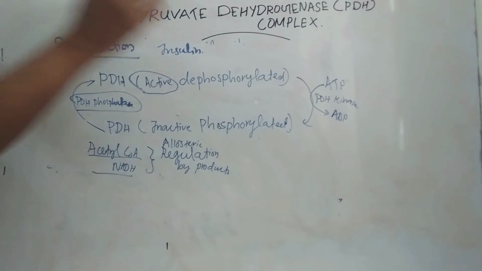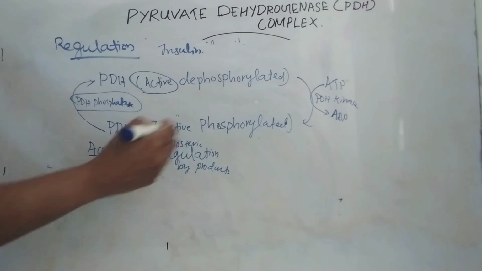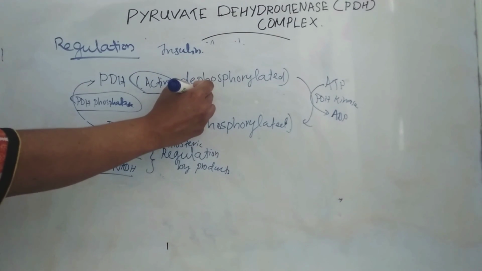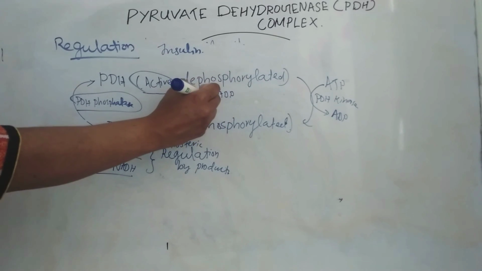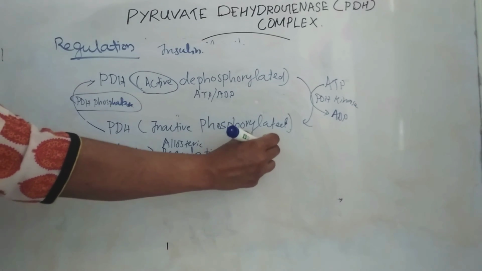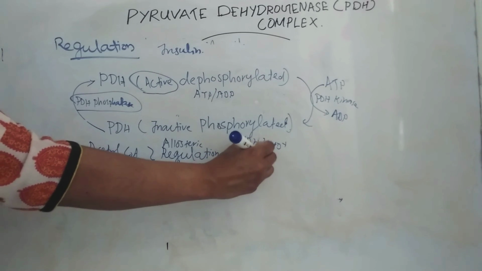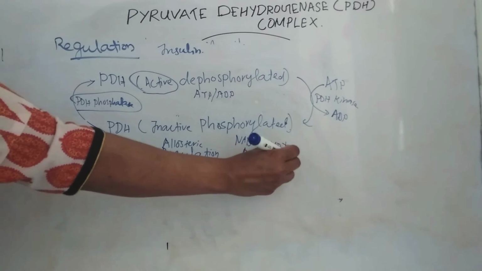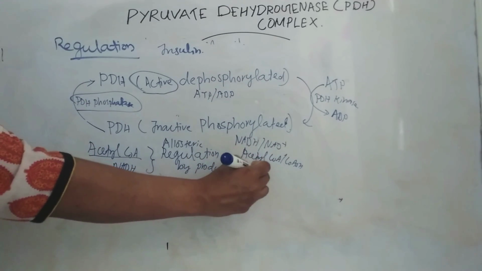Then this PDH kinase enzyme is activated by a rise in the ATP to ADP ratio, the NADH to NAD plus ratio, the acetyl CoA to CoA-SH ratio, and increased cyclic AMP.